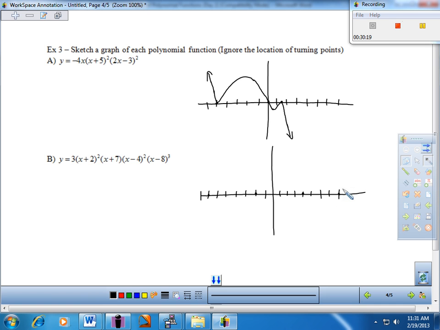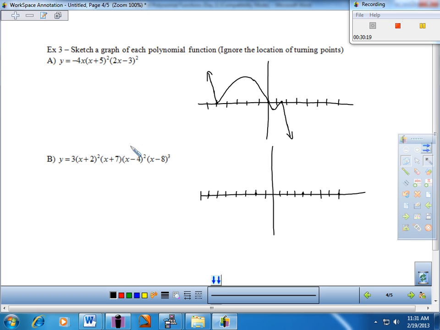Okay, good. Let's look at this one and talk about end behavior. So look at all the variable factors, count them up. That would tell us our degree. So I've got 1, 2, so 2 factors, 3, 4, 5, 6, 7, 8. So a degree 8 polynomial.